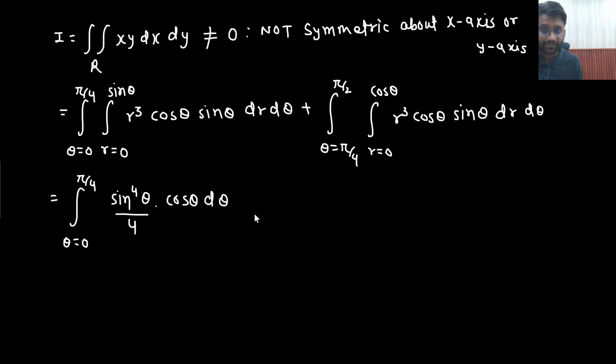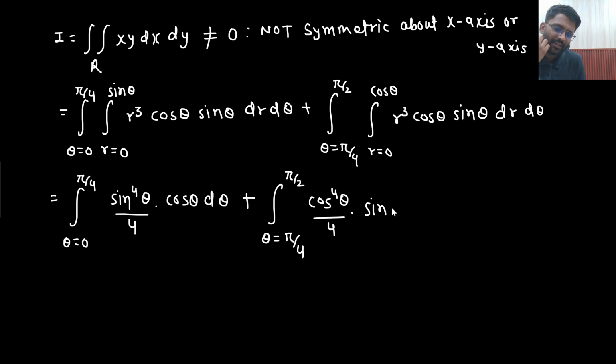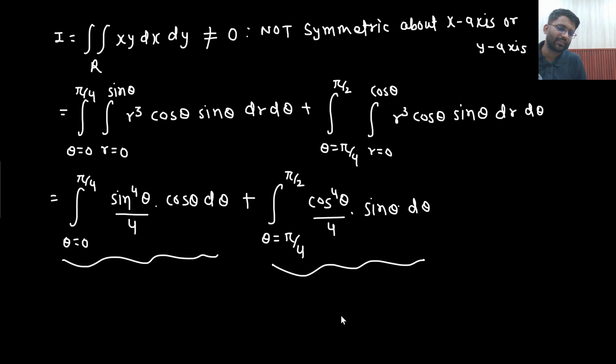Understandable? Plus theta going from pi by 4 to pi by 2, r to the power 4 divided by 4, so this will become cos to the power 4 theta divided by 4 sin theta d theta. This integral we are supposed to calculate, and this integral we are supposed to calculate.